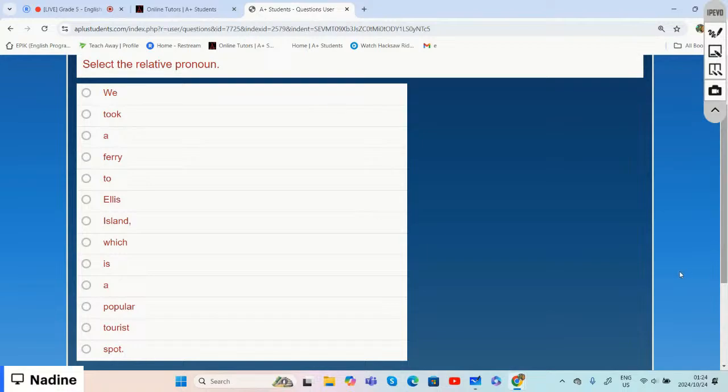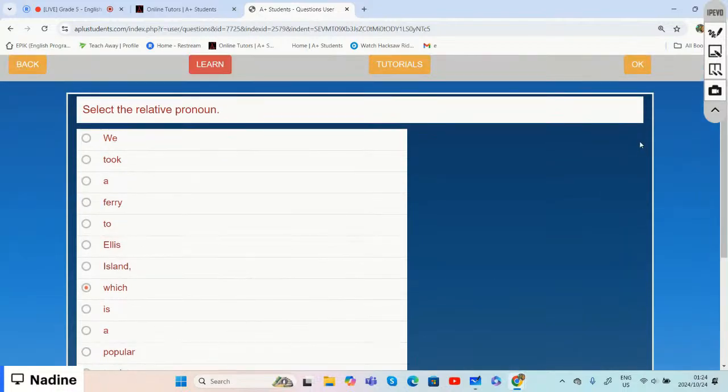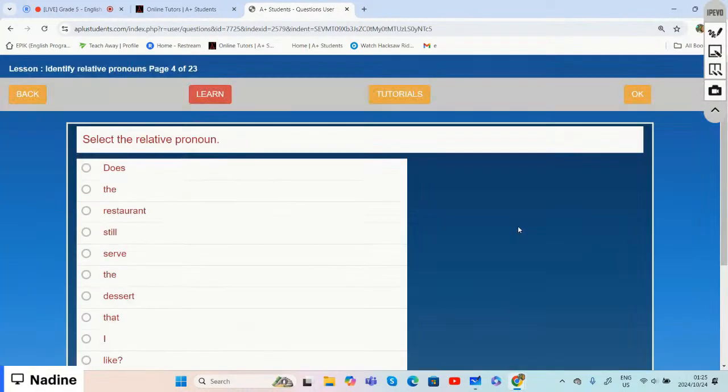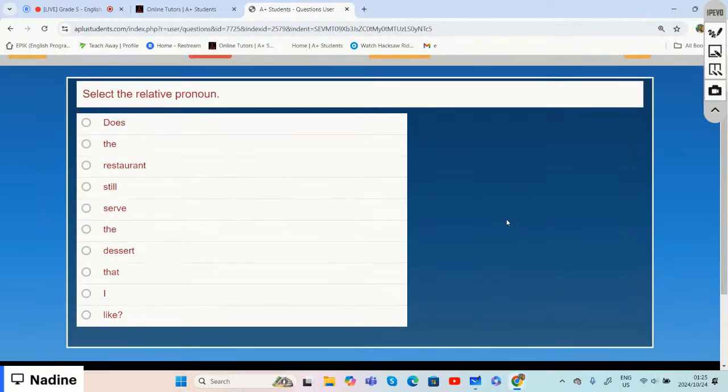All right, yes. And if we were to choose the correct option, we would say which, is option 8, is the relative pronoun. Which. Well done.